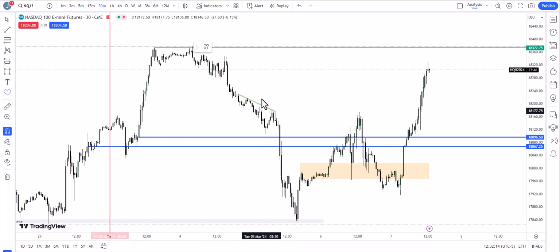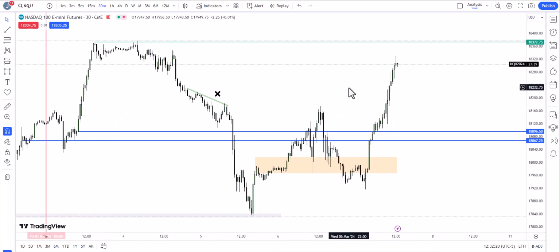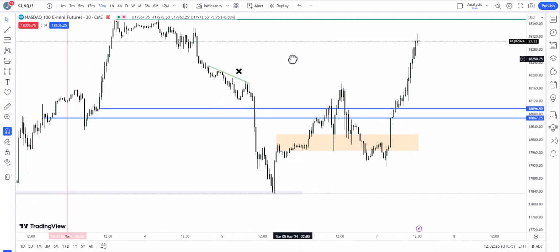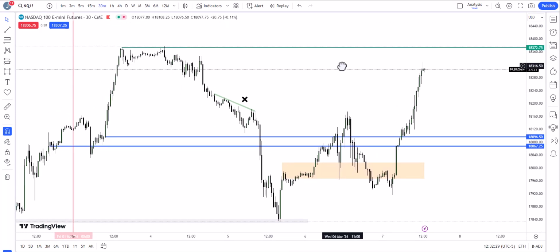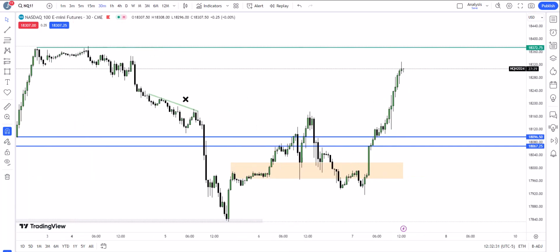And we've had heavy expansion up to the buy side range here, and it's a nice delivery, to be fair. Looking at it, it's clean.